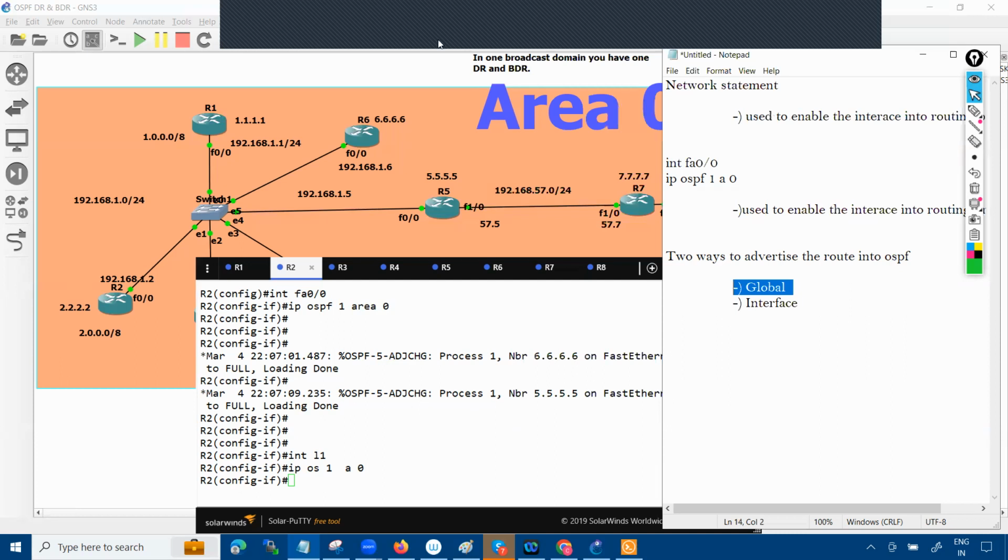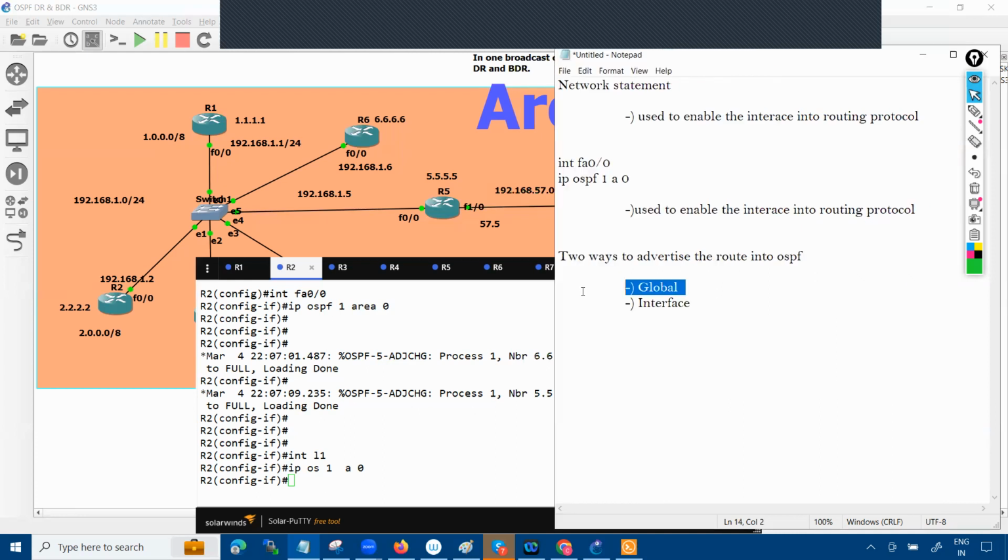You understood now? Yes, I got it clear now. So it's used to enable the interface into the routing protocol. Enabling the interface means it's advertising the loopback and whatever IP address we have configured. Exactly. Whatever IP address is part of the loopback will be advertised in the OSPF protocol. One is the loopback interface and the other is a normal interface.